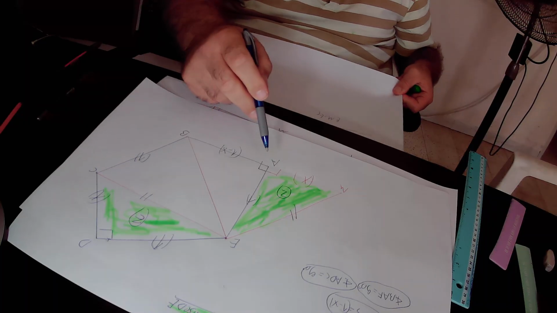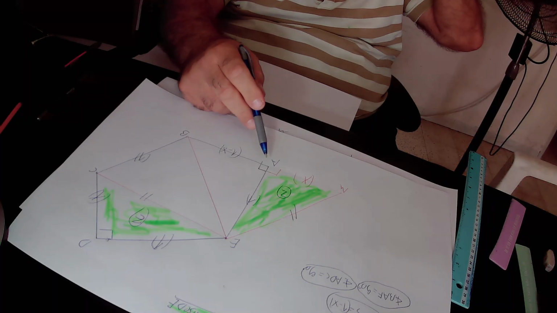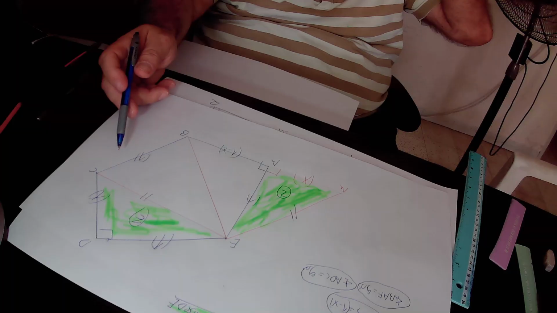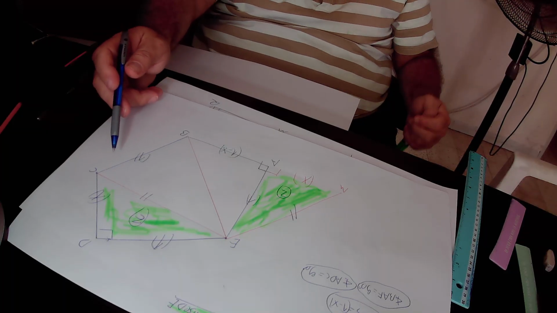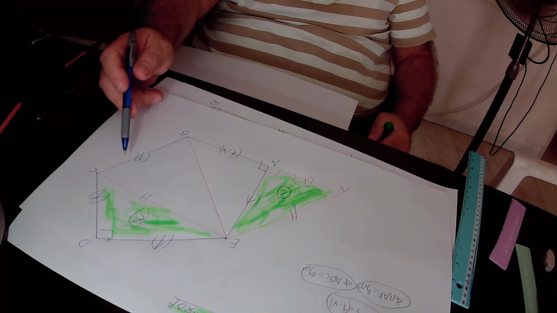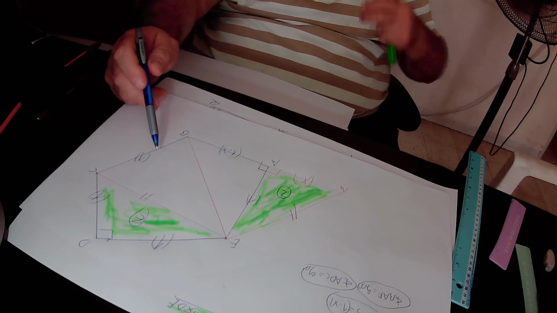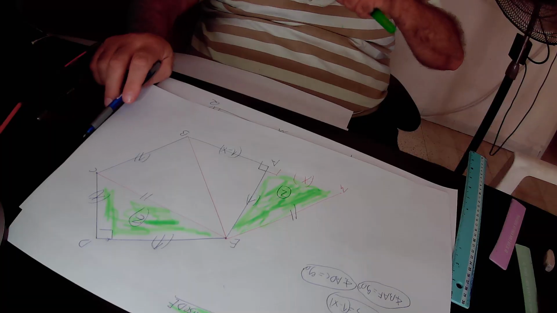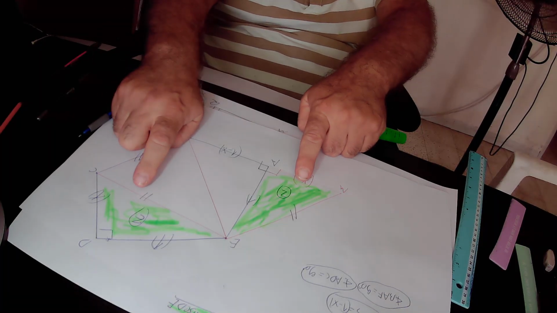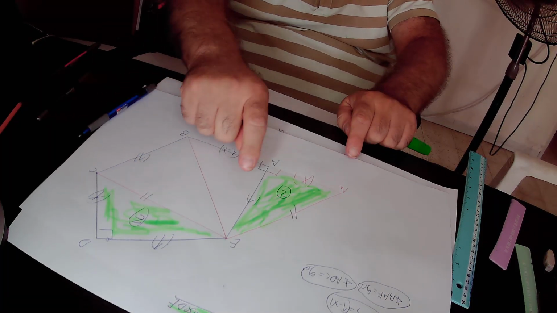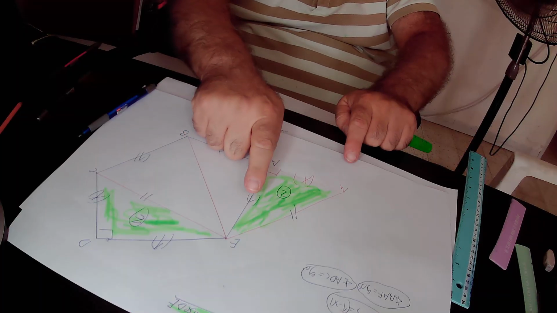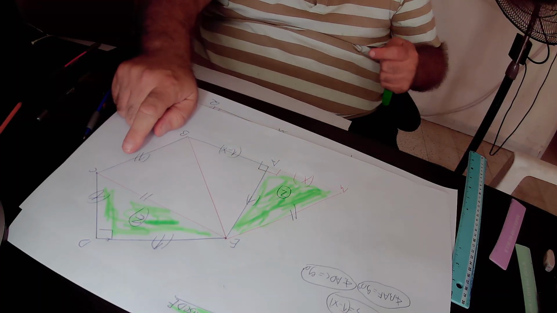Side EM on this right triangle AEM equals side CE on this right triangle ECD, according to the rule that corresponding sides in congruent triangles are equal to each other. This is to say, those two right triangles can go into each other, and therefore the two corresponding sides, that is to say EM and EC, must also be equal to each other in their lengths.